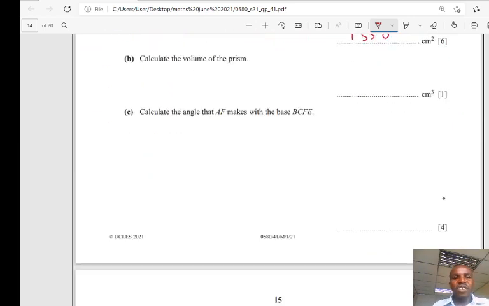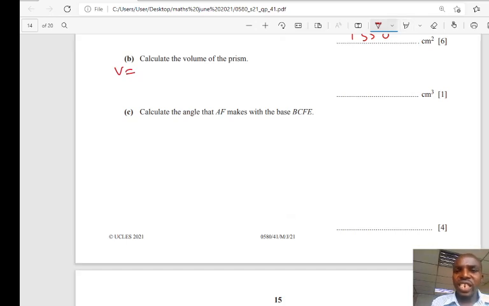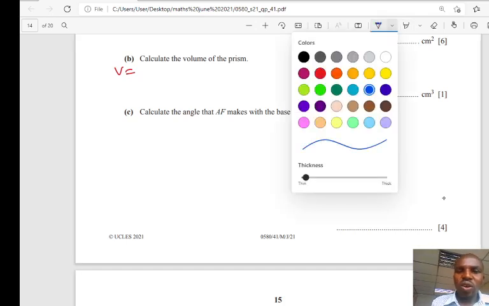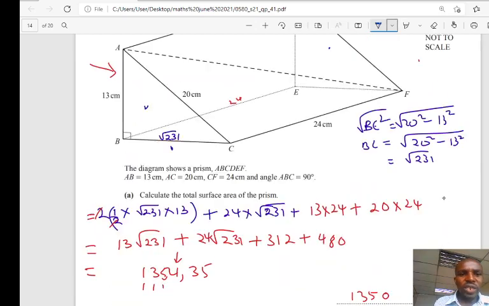Next part, calculate the volume of the prism. Volume of any prism is cross-sectional area times length, right? The cross-section of this shape is actually a right angle triangle, triangle ABC.